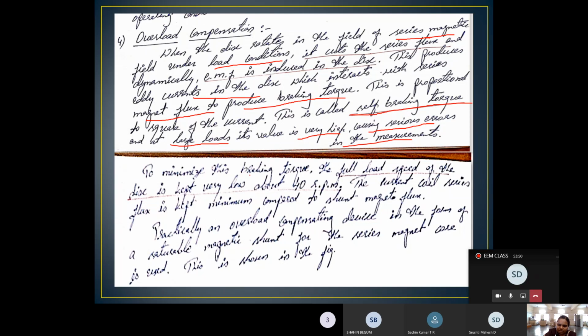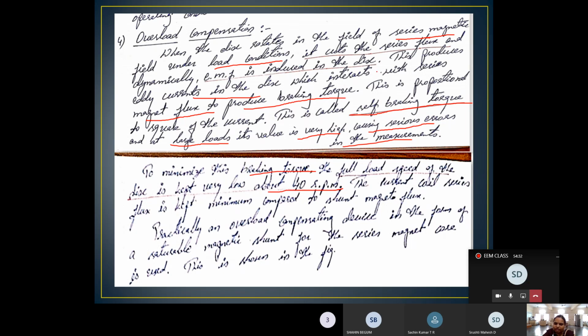To minimize this braking torque, the full load speed of the disk is kept very low, about 400 RPM. What we are saying is, to avoid this braking torque at full load, some expert will insist that Srishti and Sachin both design such a meter that however much load is applied, your meter should rotate in a constant fashion.